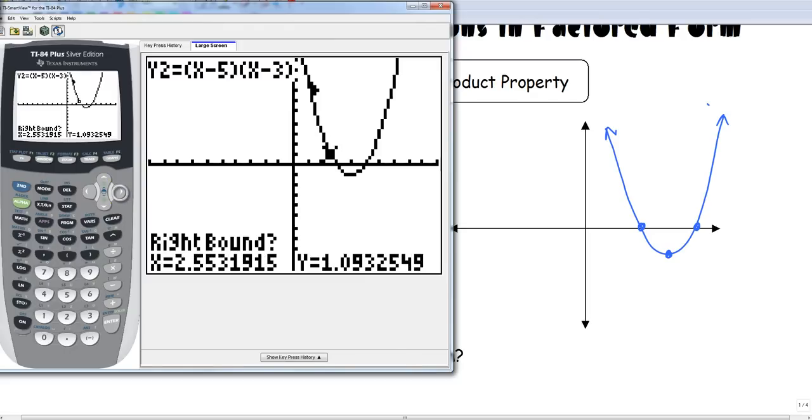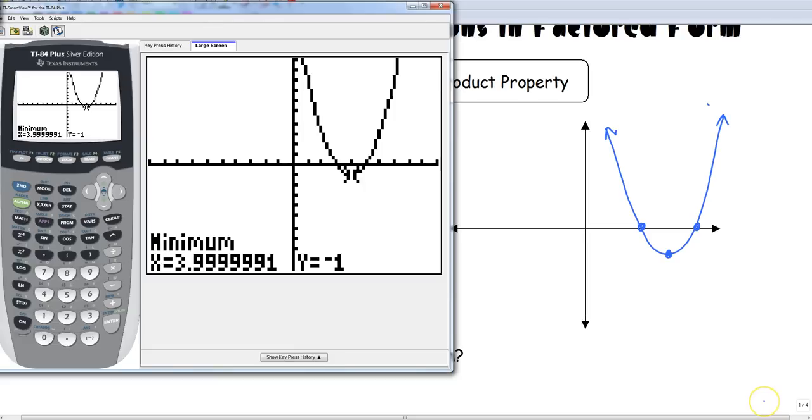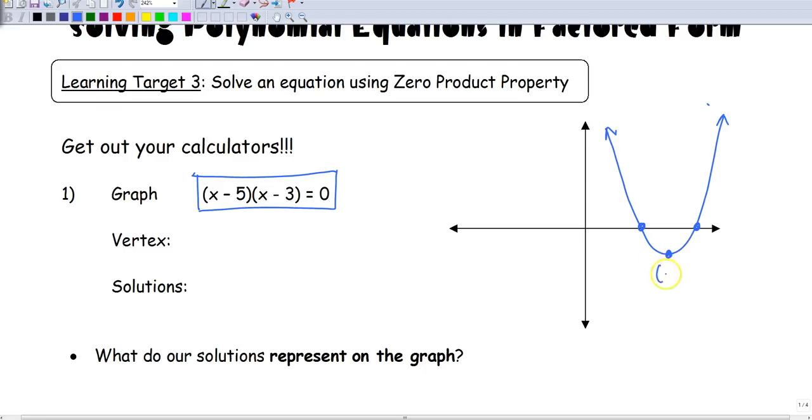Right bound, go to the right, and we'll press enter once. And guess, we'll go to the middle, and one more enter, and round please, so this will be about 4, -1. That's your vertex.